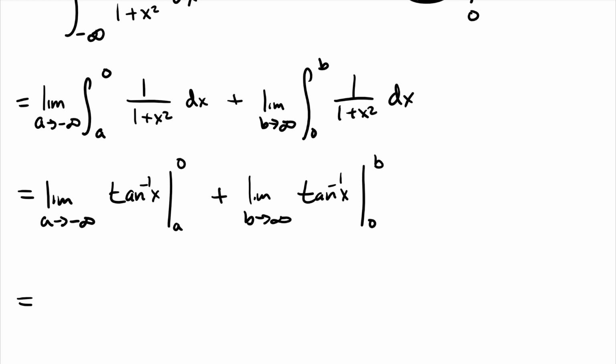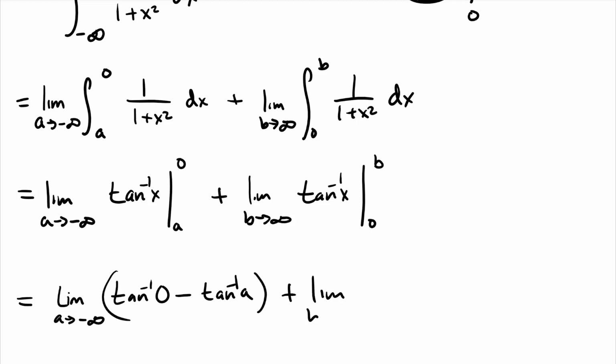So what do we have? Looks like we have the limit as a tends towards negative infinity of inverse tangent of 0 minus inverse tangent of a, plus the limit as b tends towards infinity of inverse tangent of b minus inverse tangent of 0.